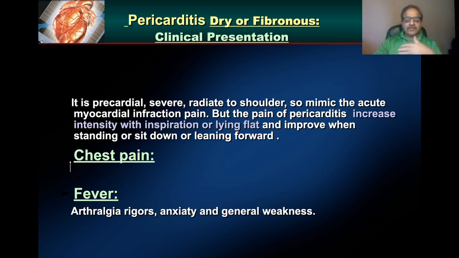So actually, the patient with pericarditis holds his chest, compresses his chest to just get rid of pain of pericarditis. The pain of pericarditis is usually localized, but it may radiate to shoulder or sometimes along the left border of the outer border of the left arm.